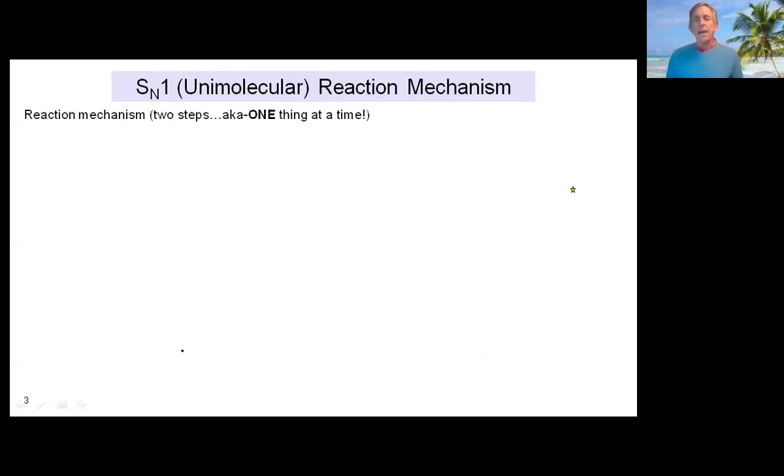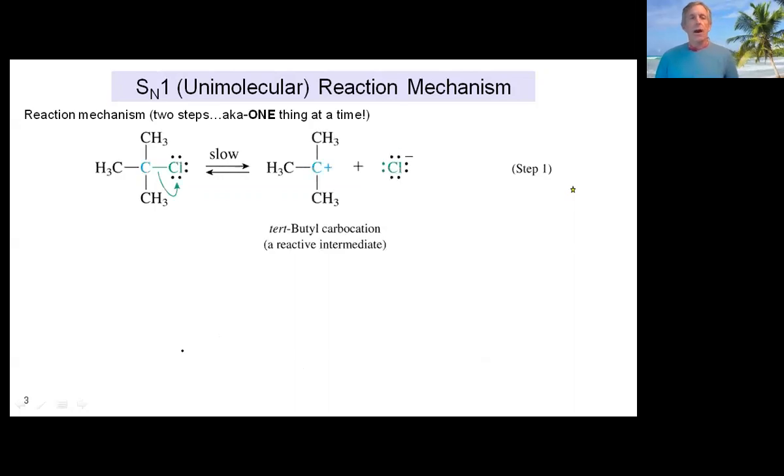The key to this reaction mechanism is the very first step of this two-step process is the most important one. It is the rate determining step, the slowest step possible. And let me show you why. What has to happen on this organic molecule is it basically has to take its leaving group and have it leave. Just fall off.